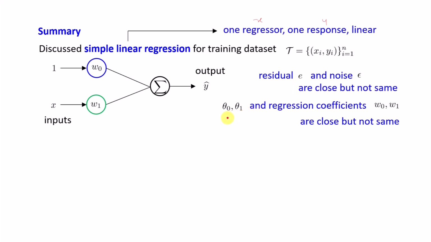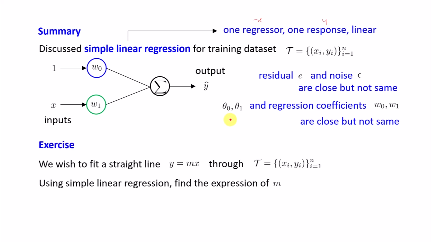Similarly, theta 0 and theta 1, which we thought are part of the real model, and the regression coefficients W0 and W1, are close, but not the same. Theta 0 and theta 1 may be found if I do an infinite number of experiments, but we are not doing so. So W0 and W1 are our least square estimates of theta 0 and theta 1. They may be close, but not the same.